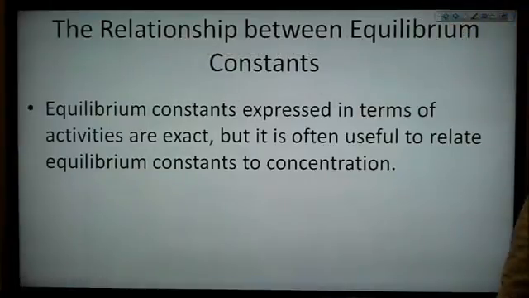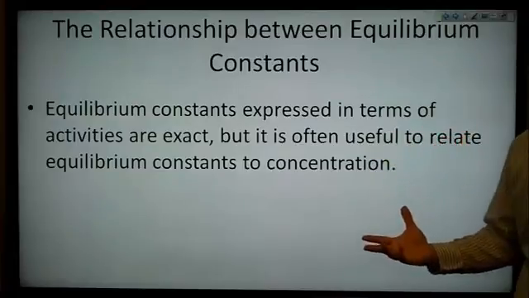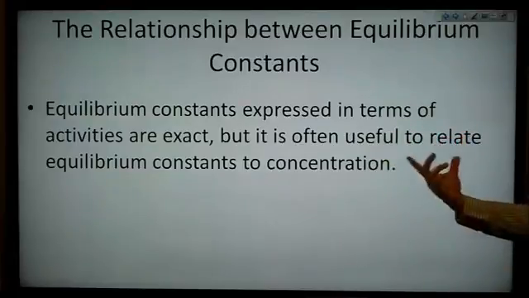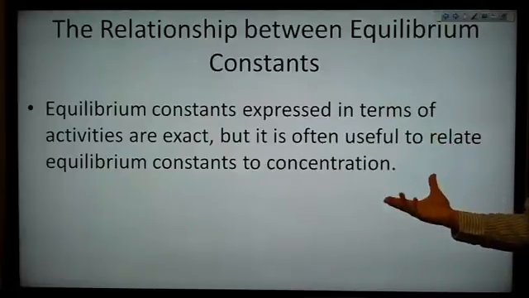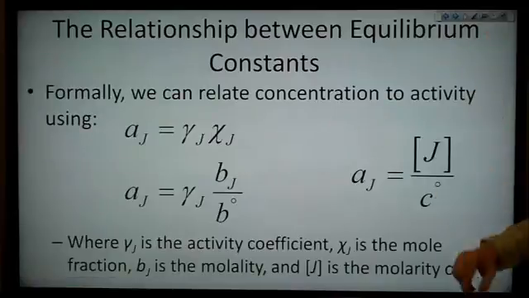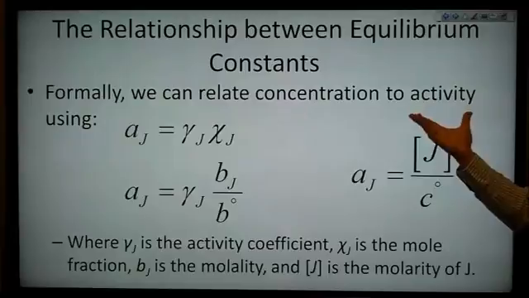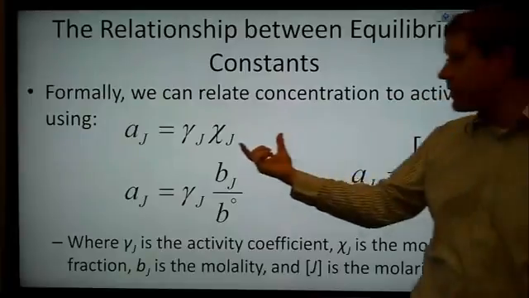So equilibrium constants expressed in terms of activities are exact, but usually it's useful to relate our equilibrium constants to concentration. So again, we can formally relate our concentration to activity using our activity coefficients.